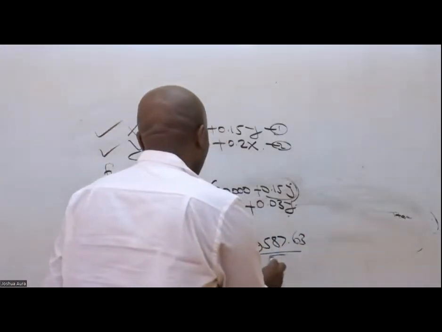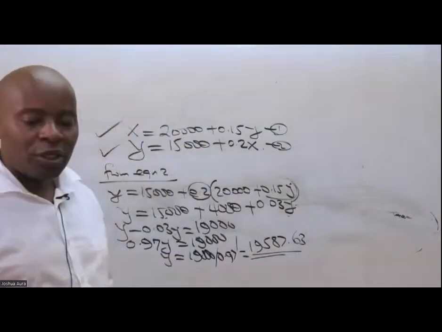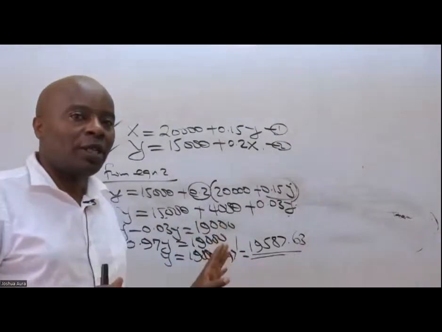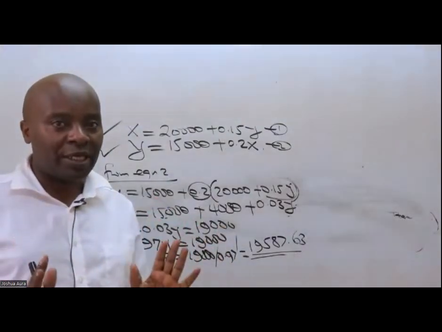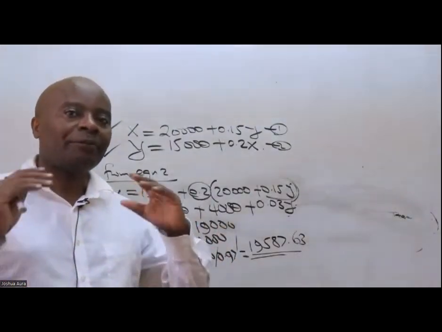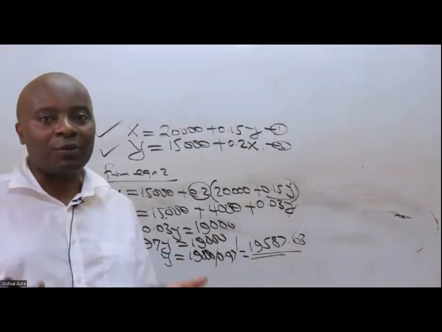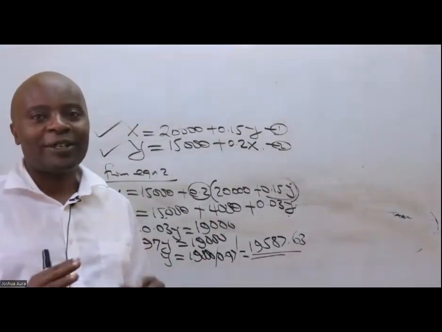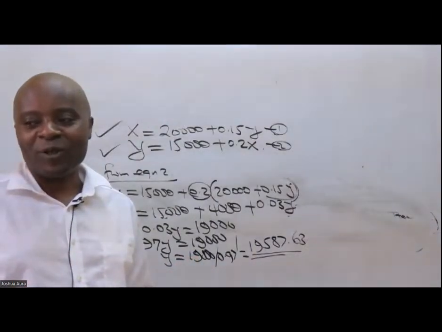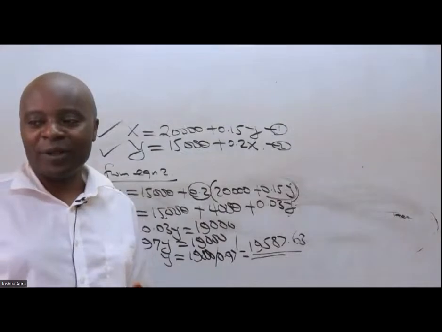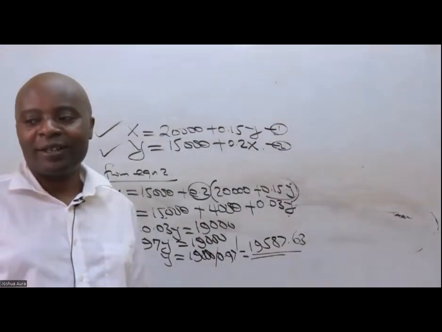Now, ladies and gentlemen, having gotten Y, what do you think will be the next thing that we should do? Unfortunately, it's only one student who gave me this figure. I'm not saying that the student cannot be right, but for purposes of ensuring that we get correct figures moving forward, it's just good to second. Have other students give us these figures, then we second.